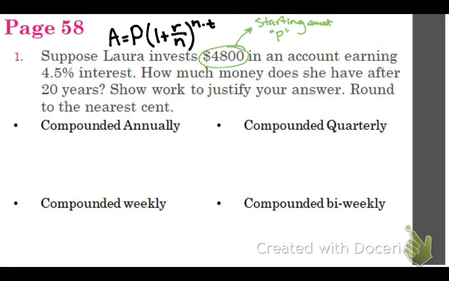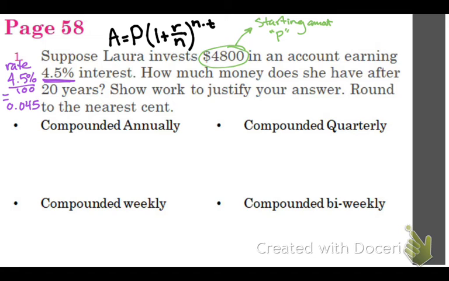The rate. What's our rate? 4.5. Would we write 4.5 into our equation? No. What do we have to do? We've got to divide it by 100, which would be 0.045.